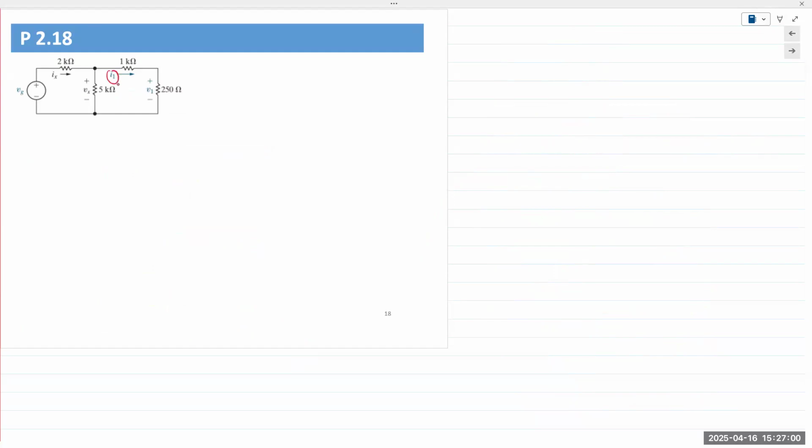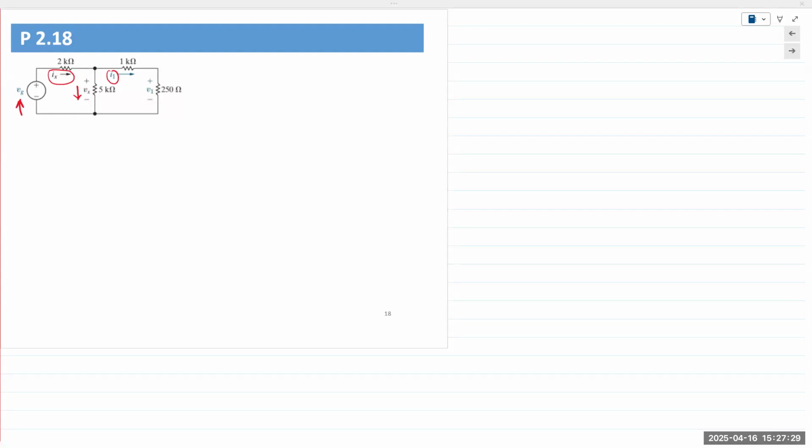We have Vx over here, you have Ix over here, and again, you have the supply voltage, Vg. Supply voltage is given, resistor values are given, and we just need to find I1, Ix, the current going down here, and the voltage across at the far right, which is given as V1.